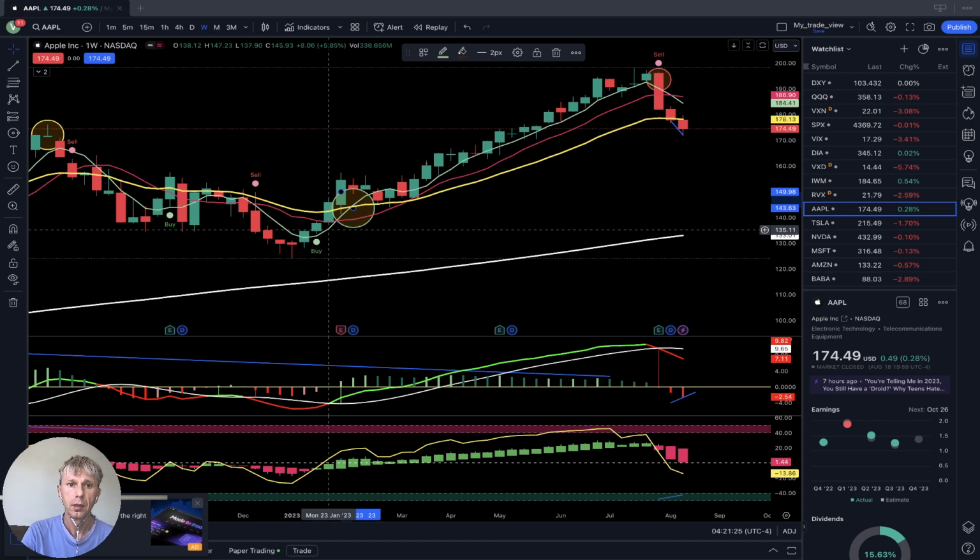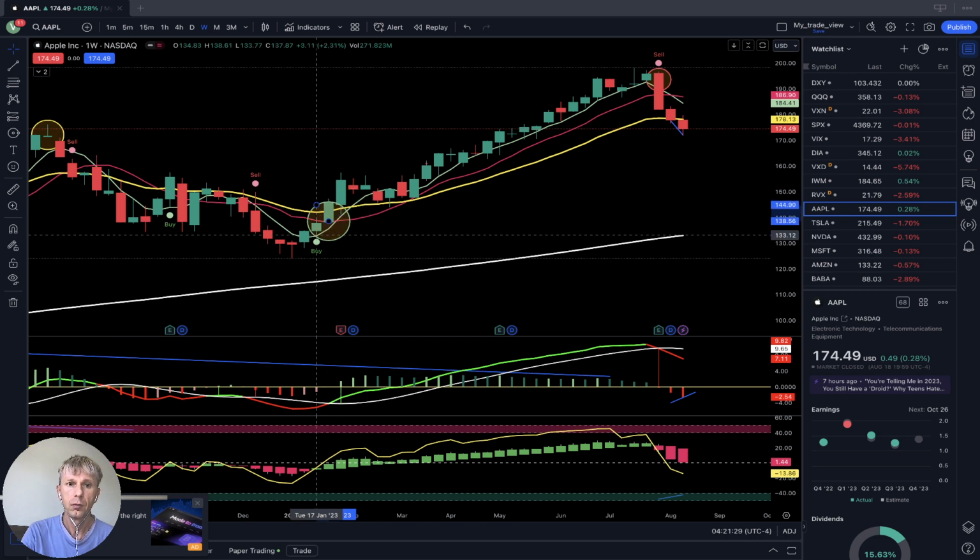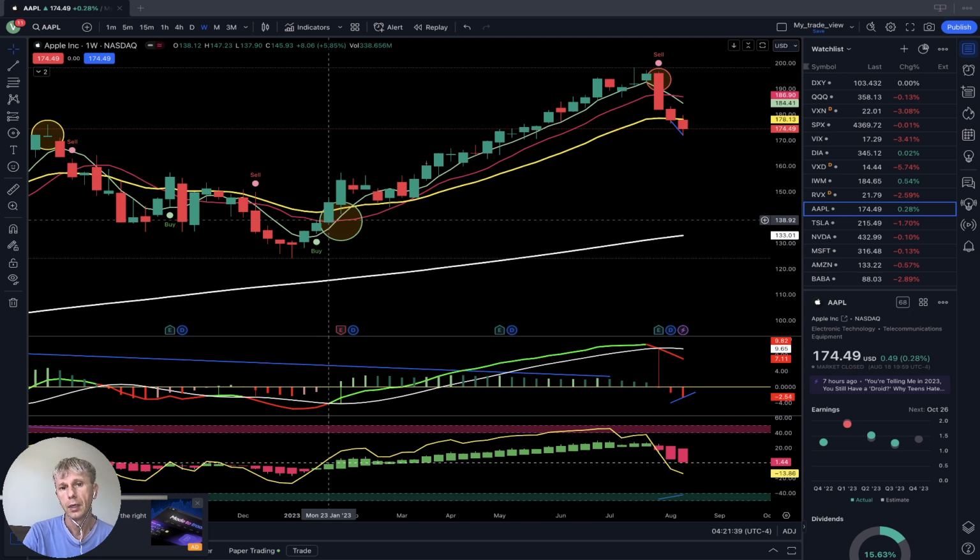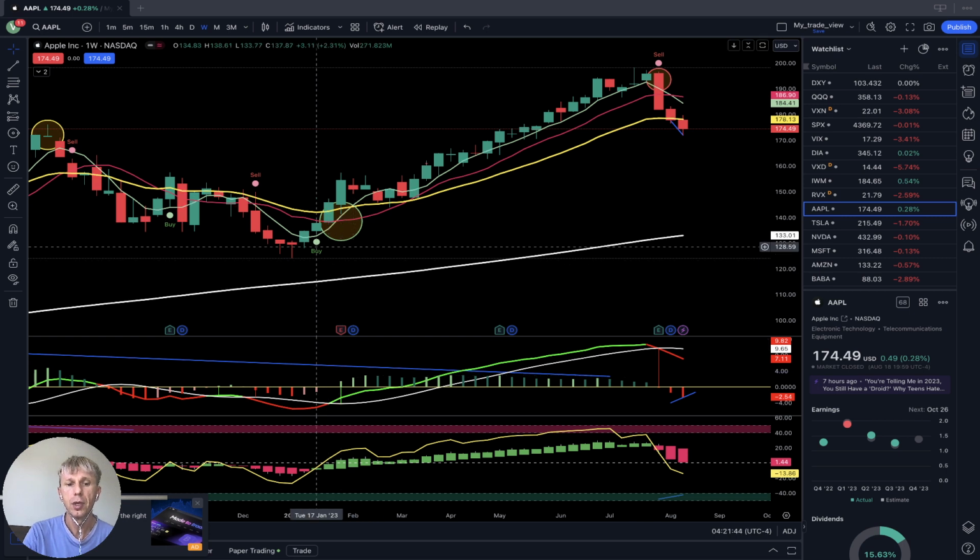I'm sorry, it's my fully confirmed bullish crossover. When MA5, green line, did bullish crossover over 10, it's a bullish crossover. Entry point.